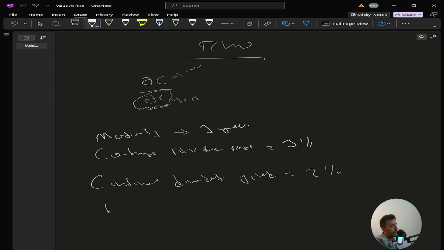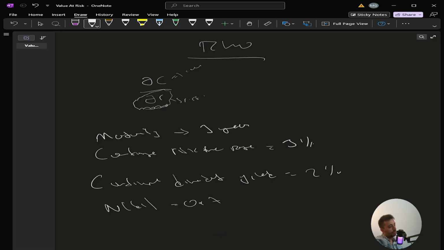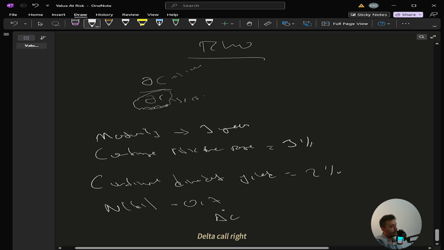And d1 equals 70 percentage. What is the delta of the option? What is the delta of the call option?